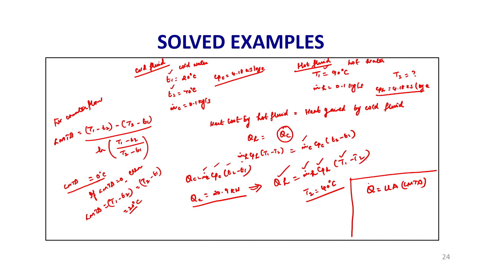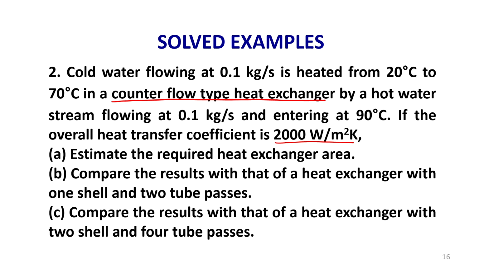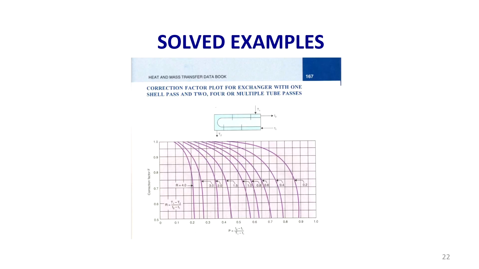We know Q is 20.9 kilowatt, and the U value, the overall heat transfer coefficient, is given in the question as 2000 watt per meter square Kelvin.